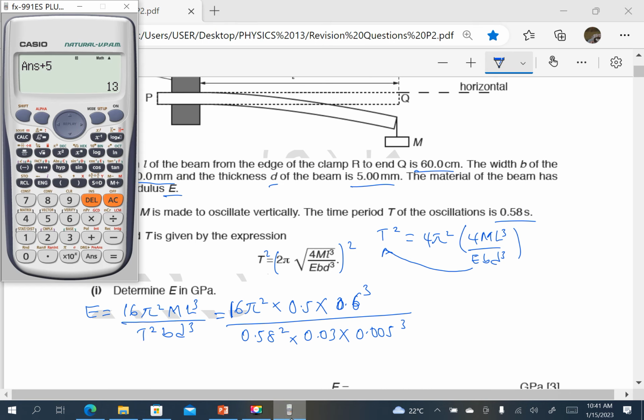I'm converting them here so that it is easy to press the calculator for anyone, whether PCB or not. Let's check now. So we have 16 pi squared times 0.5 times 0.6 cubed, divided by, in the denominator you have 0.58 squared times 0.03 times 0.005 cubed.